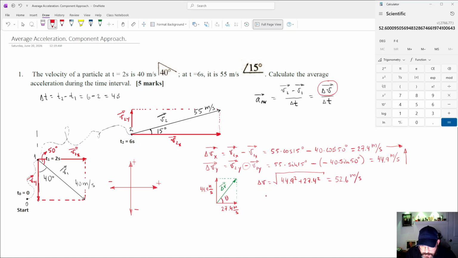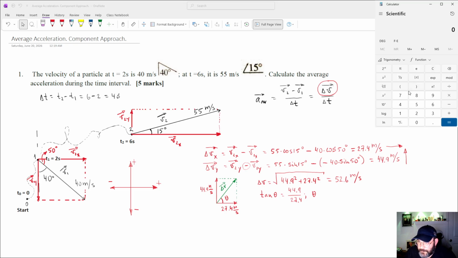The tangent of this angle is equal to 44.9 divided by 27.4. So let's right away calculate that angle.